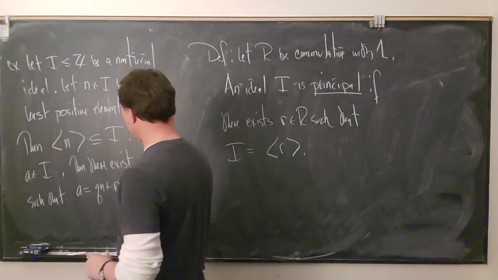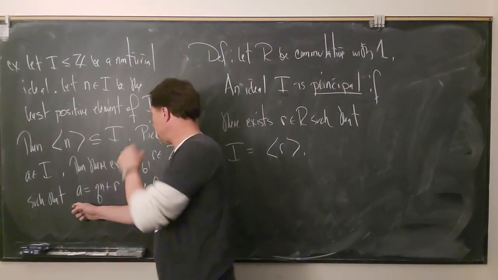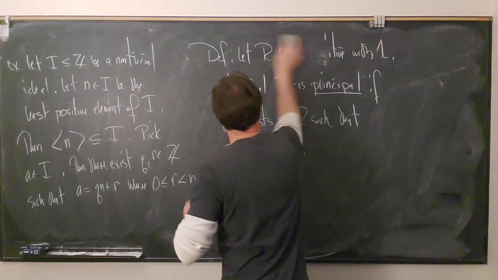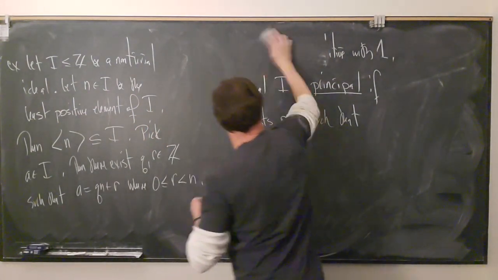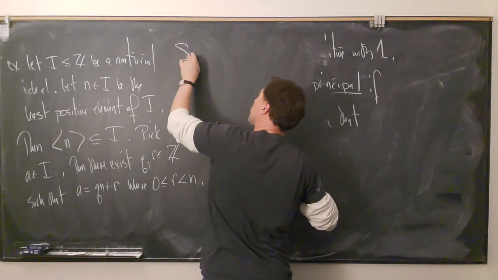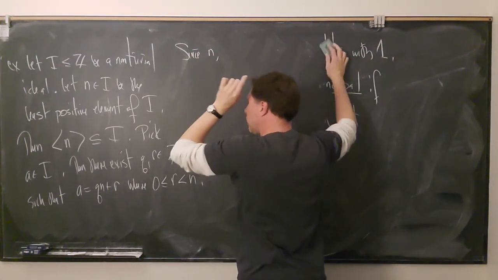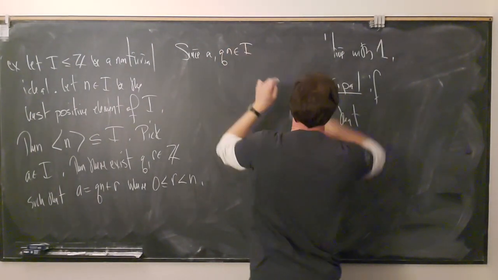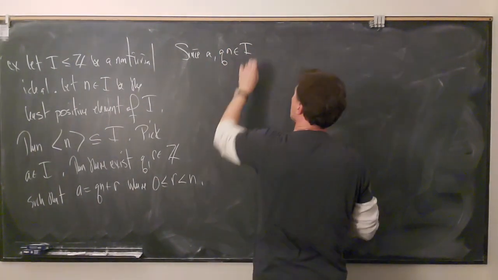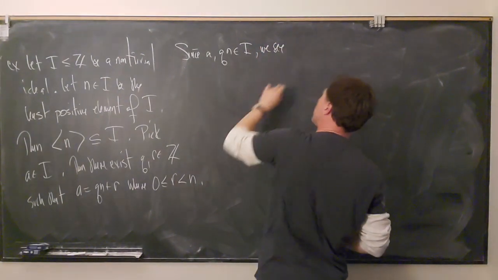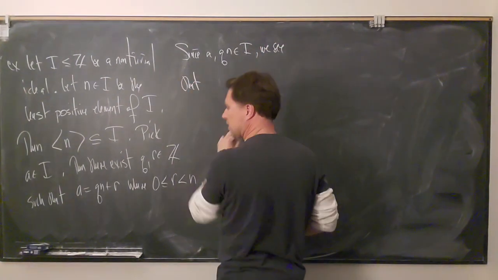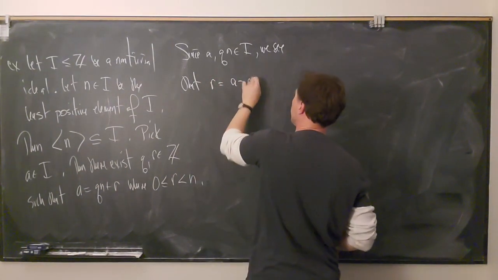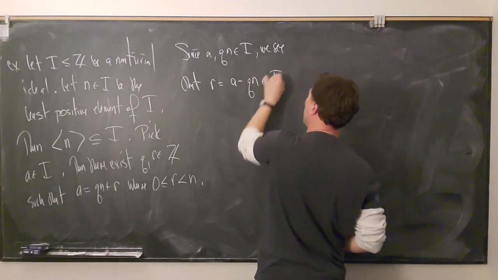Now we know that a lives inside I, and qn also lives in capital I. So since a and qn are elements of I, r, which is a minus qn, is an element of capital I.